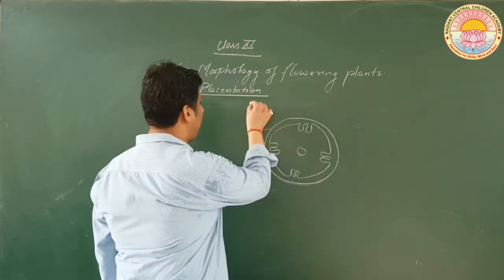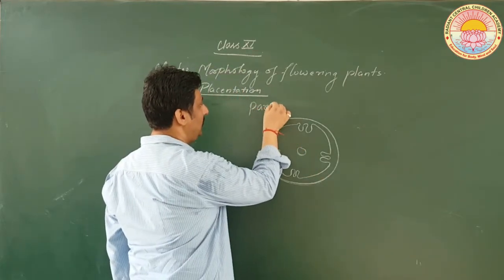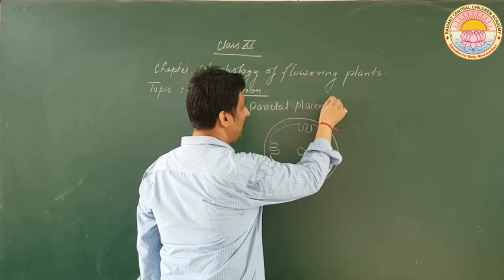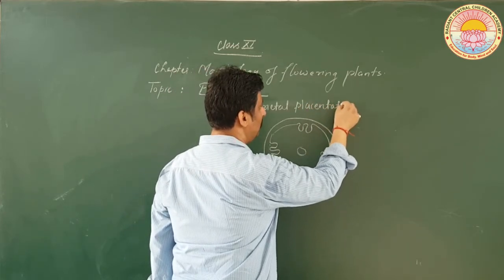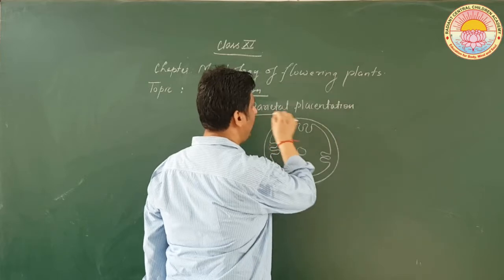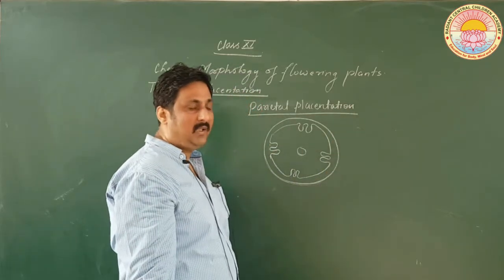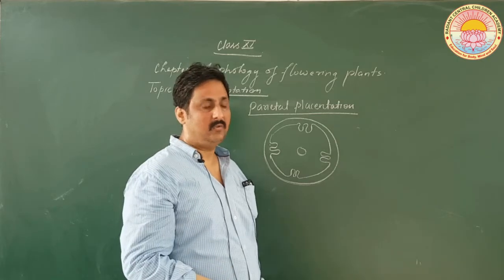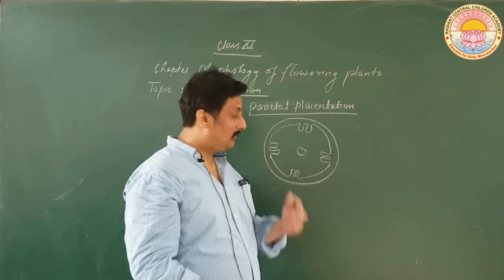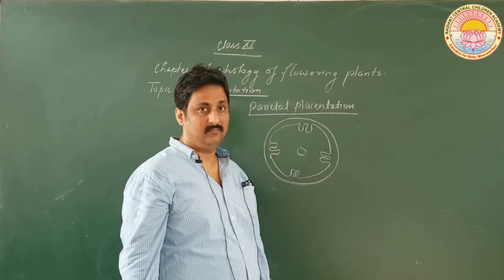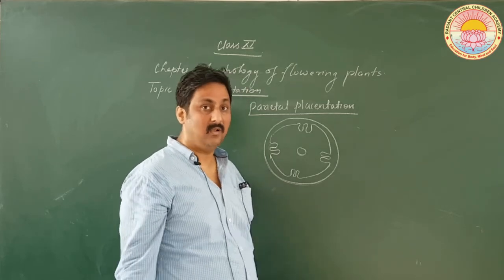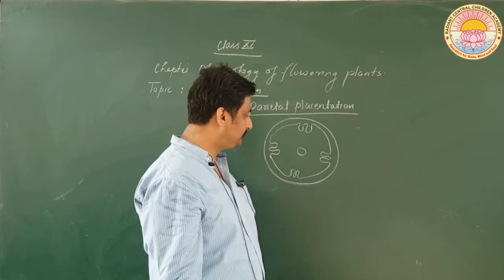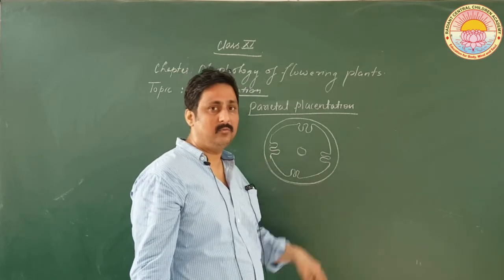So in case of parietal placentation, P-A-R-I-E-T-A-L, it appears that the ovary does not have any septum, and the ovules are situated on the ovary wall. But after some time, a false septum appears in the middle, dividing the ovary into two chambers.